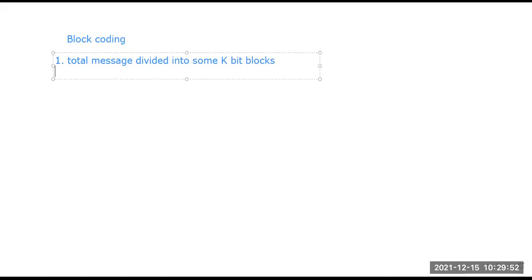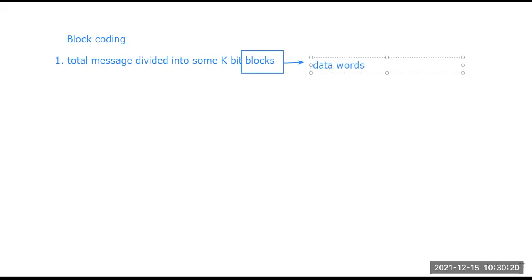Each of these k blocks is known as a data word. So whatever blocks we have created are known as data words. This block of data words was created first.